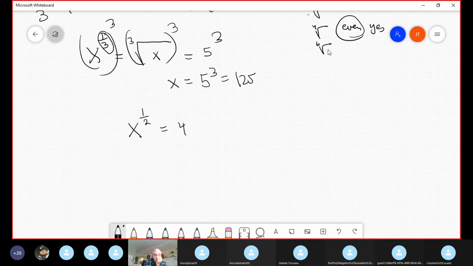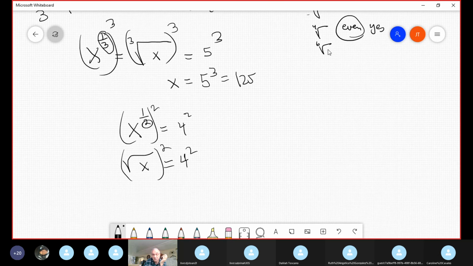This is equivalent to saying square root of x equals 4, because the index represents these two. By the way, in a square root, the index is invisible, but it's the same. You square both sides. Exactly the same. The student can prefer working with the fraction exponent, it's okay. The student can prefer converting to the radical to see much better, it's okay.